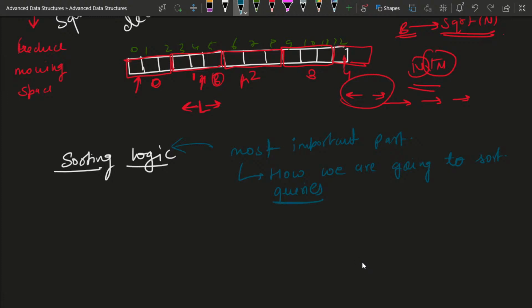So for each query, what we are maintaining, suppose L to R is my query, I am maintaining the block LB. LB would be the block number in which my left end of the segment lies.